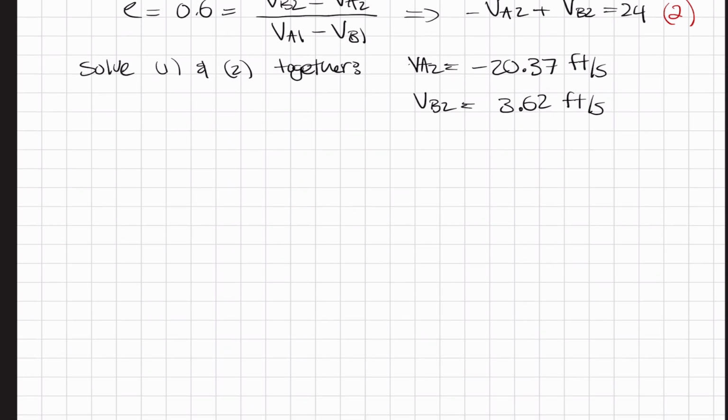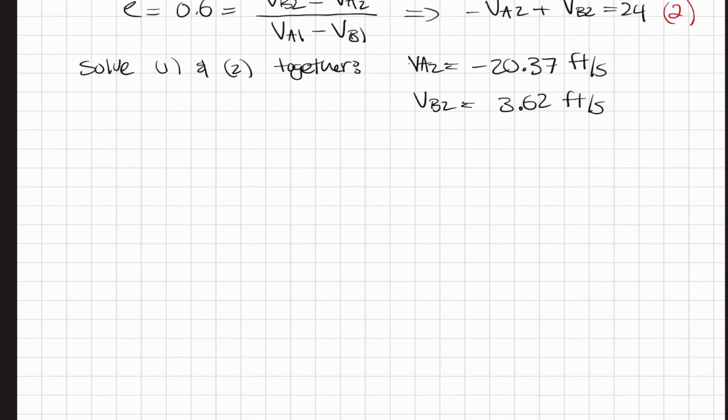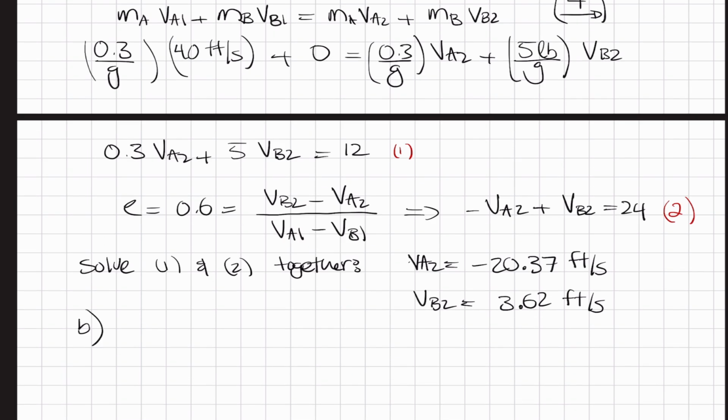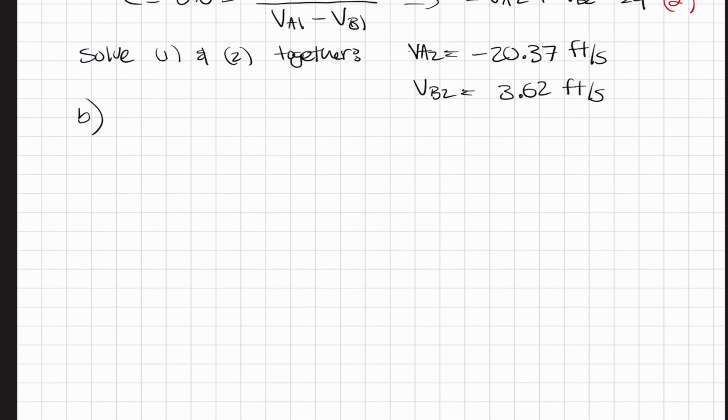Next, we have to look at the second part where mass B gains a velocity and it goes up in elevation. So this is part B, right? Let's make sure these are labeled, part A, part B. So you have a situation where you begin with position here. This is mass B, and then mass B goes up.